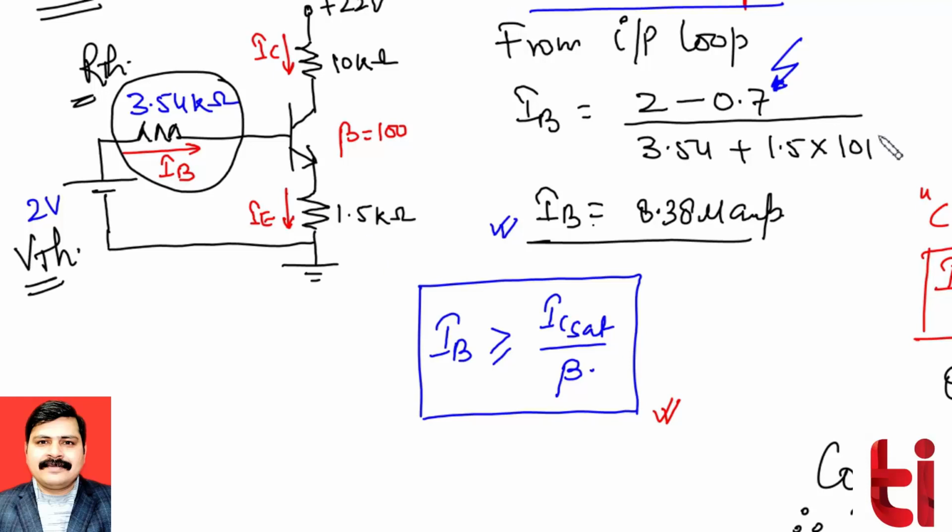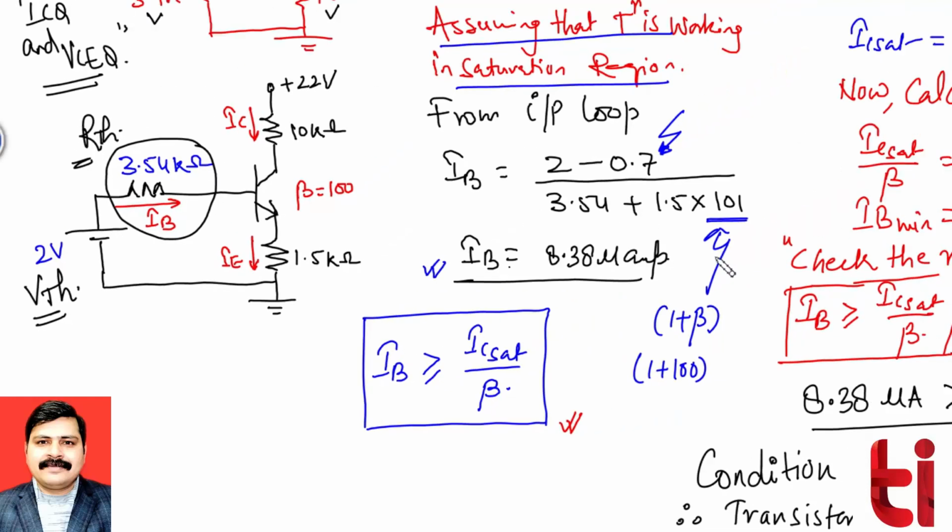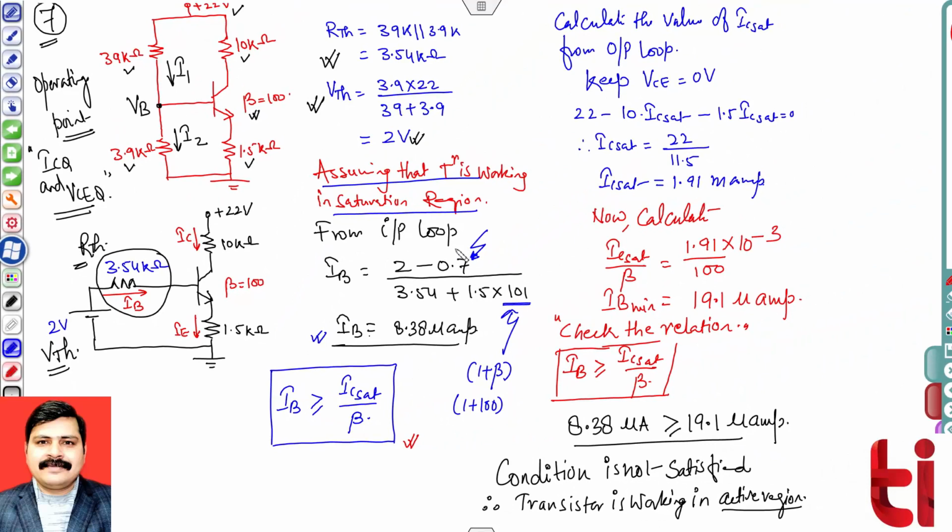Beta is given as 100, so 1 plus beta is 101. After solving this, I have calculated the value of base current as 8.38 microampere. So this is my base current from the input loop.